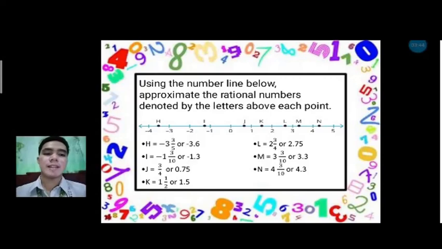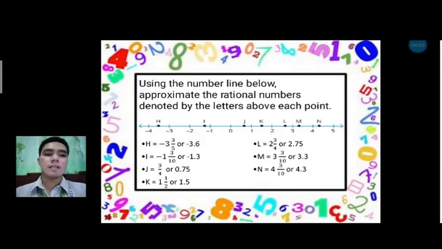Then point L is more than halfway between 2 and 3, so point L is approximately 2.75 or 2 and 3/4 in fraction.